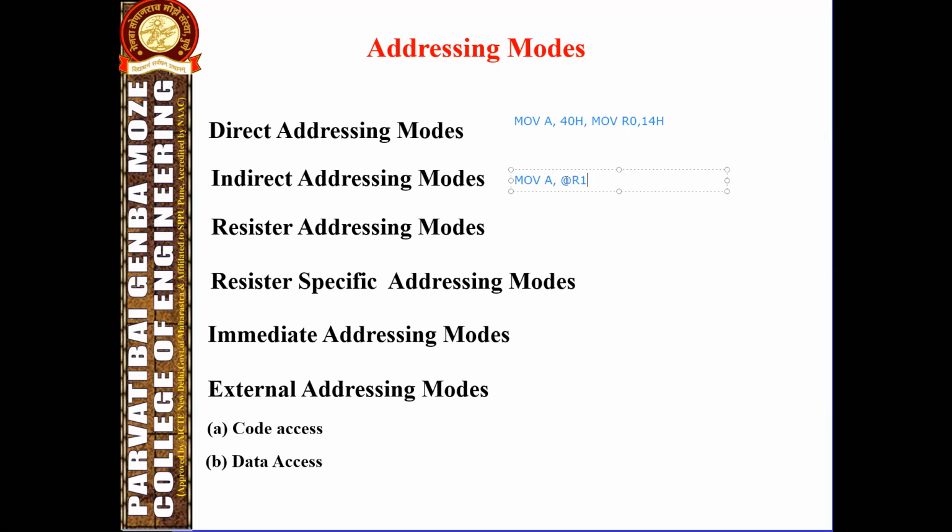Remember one thing: in register R1, the address is mentioned where the data is stored. So, using this address, the data will be accessed and moved into the accumulator A.